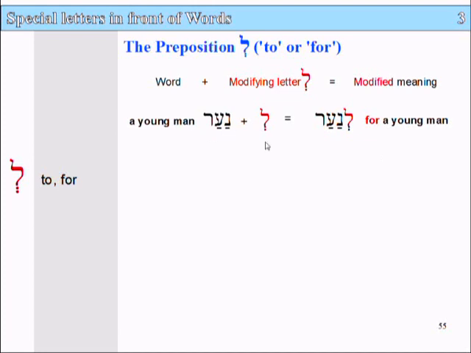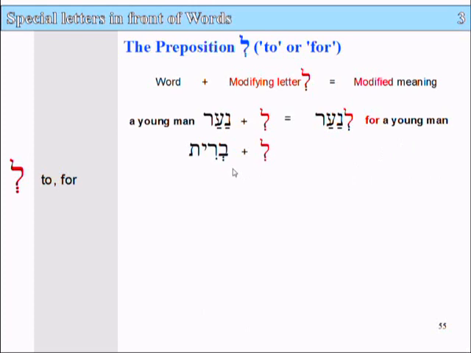So na'ah, a youth or young man, becomes le-na'ah, for a young man. It could also mean to a young man. Of course, it just depends on context in the verse, how you want to say it.